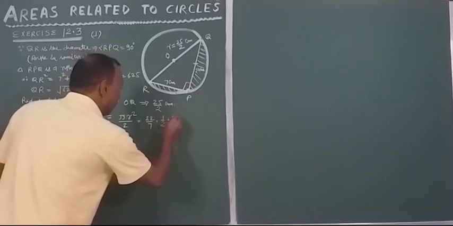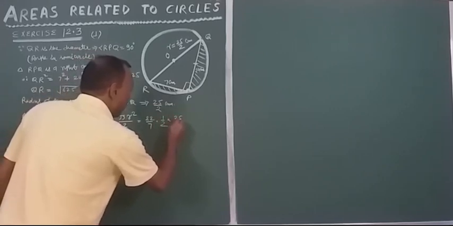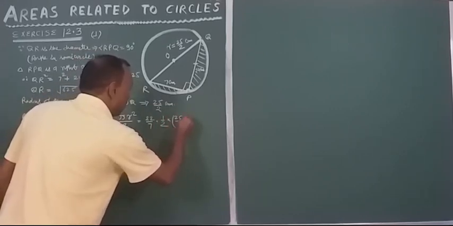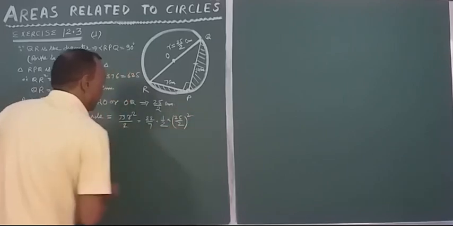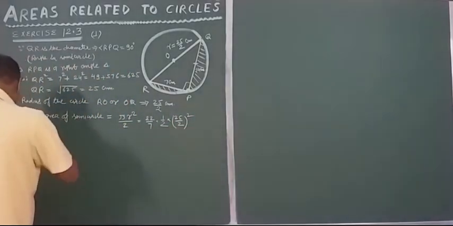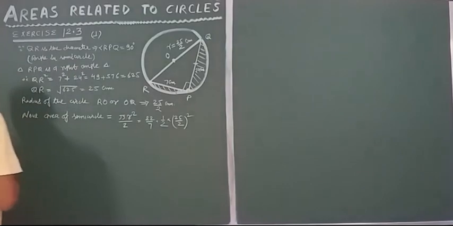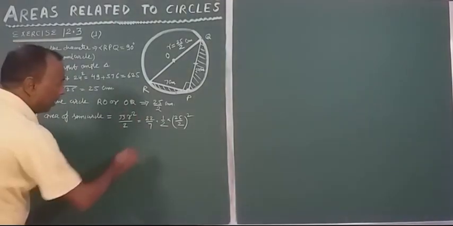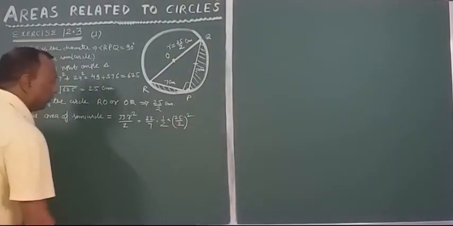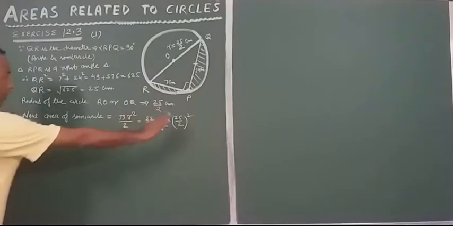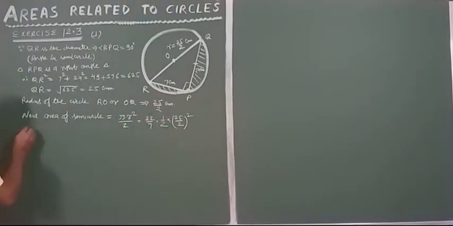R square is 25 upon 2 whole square. Okay, so after the calculation you will get the result.